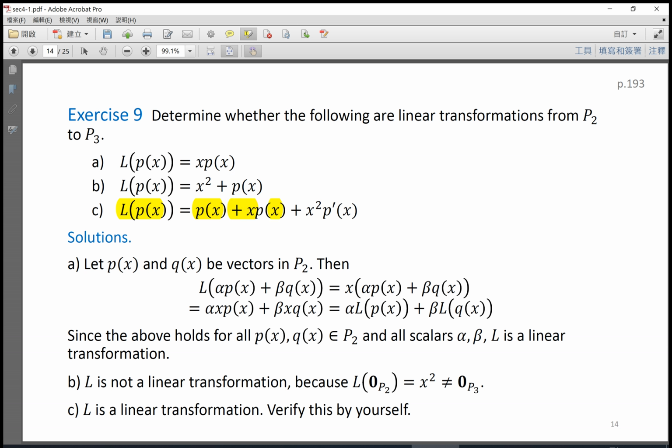The third term is a constant polynomial x squared times the derivative of the input polynomial. Such a mapping L is a linear transformation. You can follow similar steps as in case A to show that L satisfies both the homogeneity and the additivity properties, and therefore L is a linear transformation.